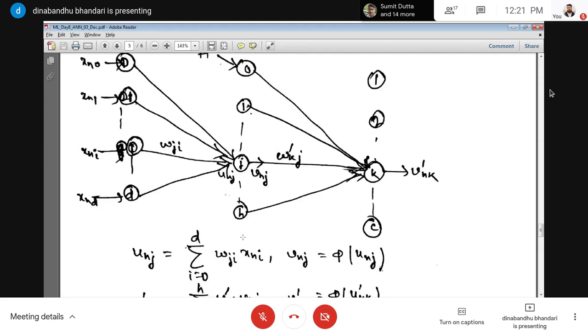Yesterday, Swarup and I were discussing this. Obviously, the value of H depends on the number of training samples you have. If you have a very large number of training samples, you may increase H and it will work.